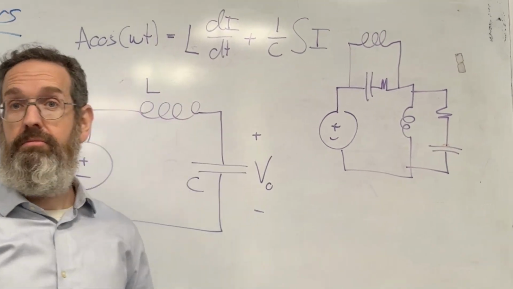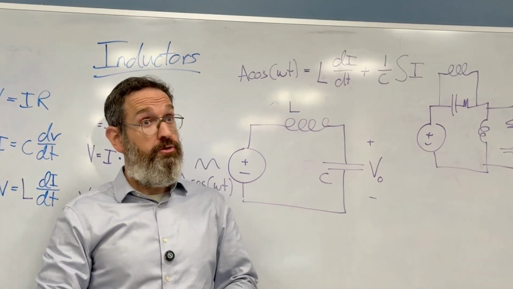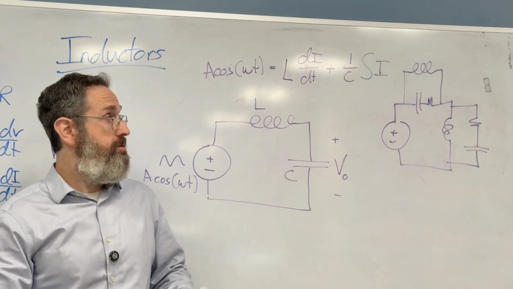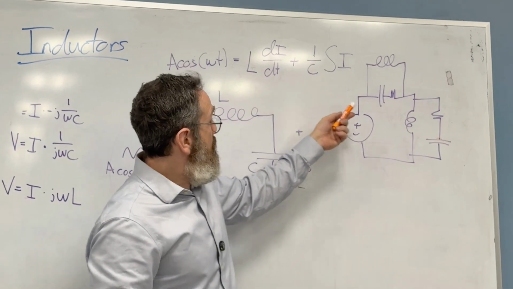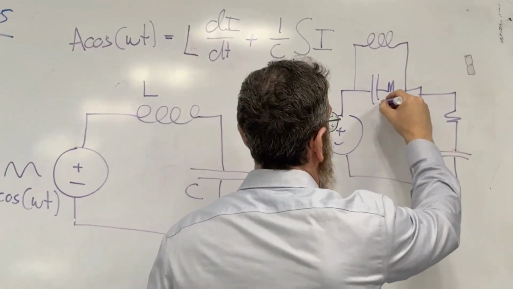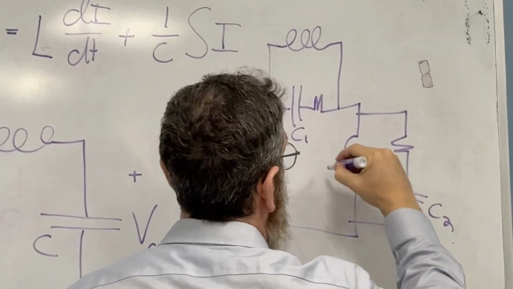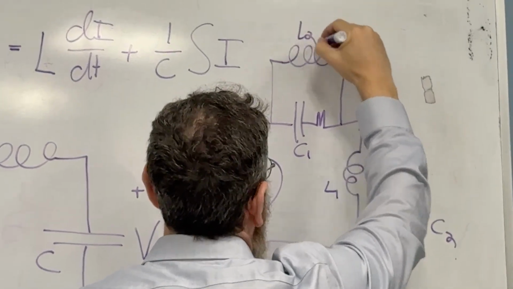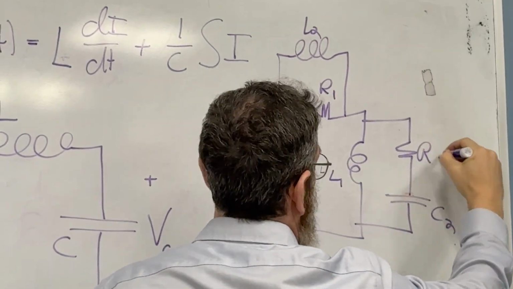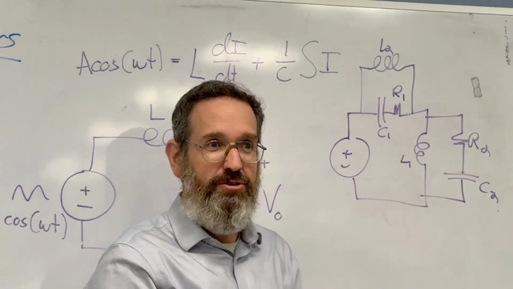Okay, do that one. So you could do it. Could do it with differential equations. You'd have to write all these different, and these are C1, this is C2, L1, L2, R1, R2. You could do it.